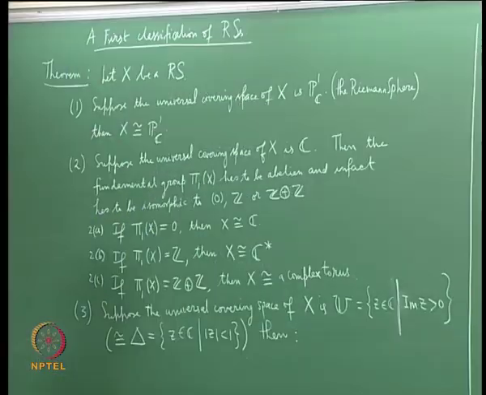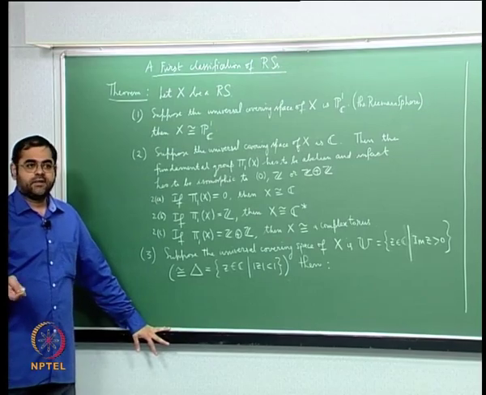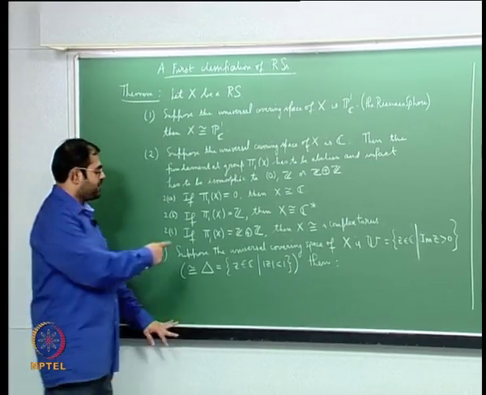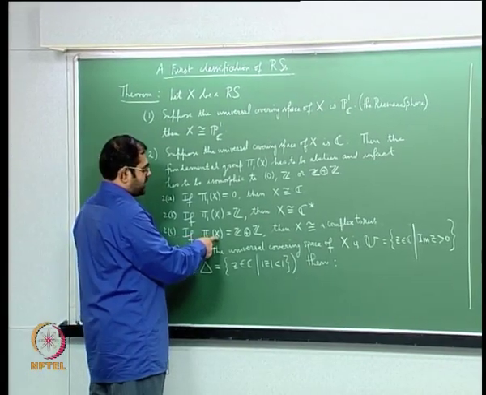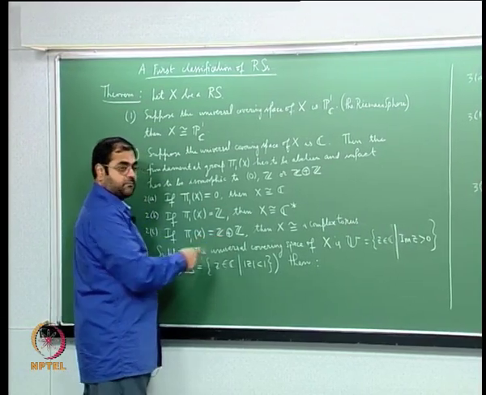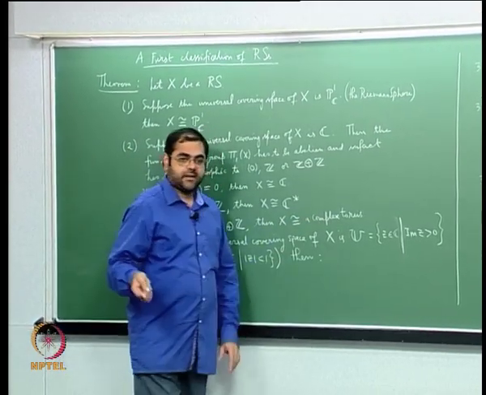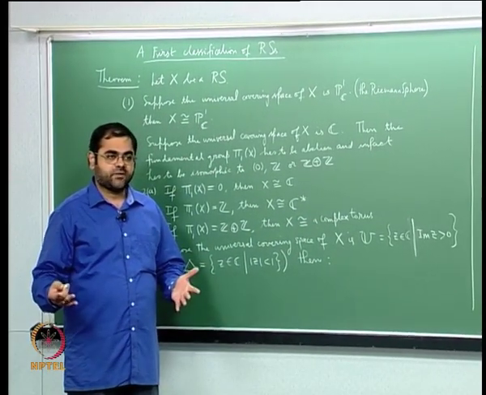But then we need to have a finer classification. For example, you take a Riemann surface with fundamental group Z direct sum Z, then it could be any complex torus, and there are complex tori which are not isomorphic to each other.